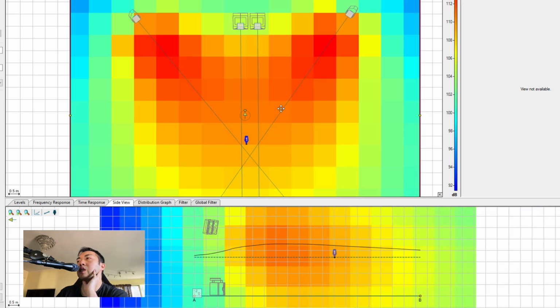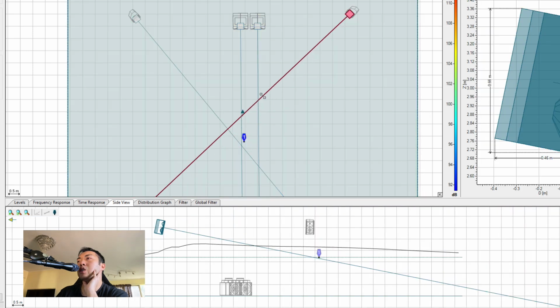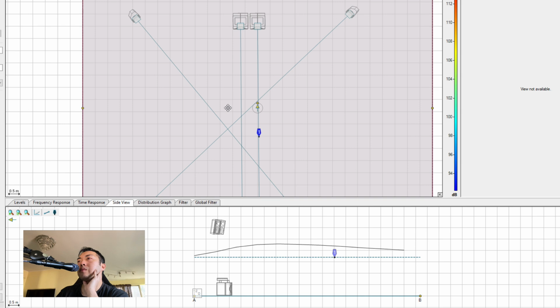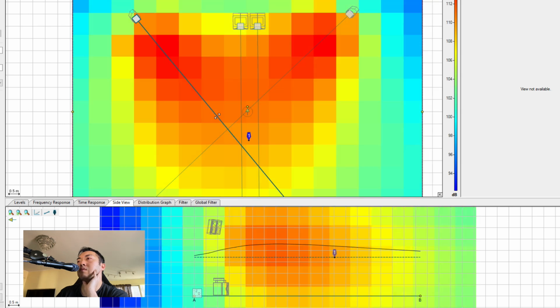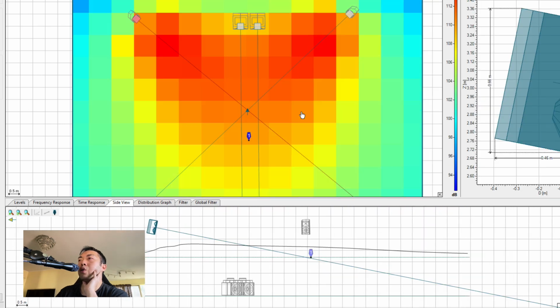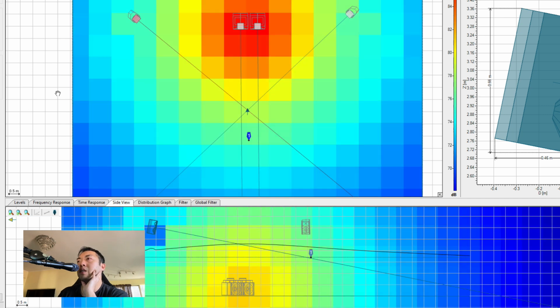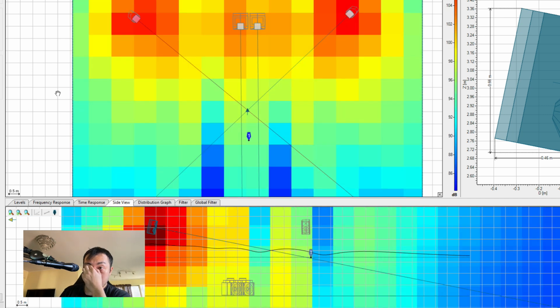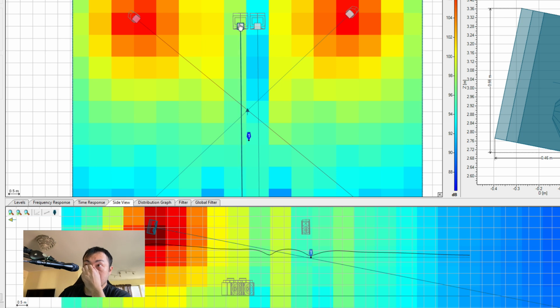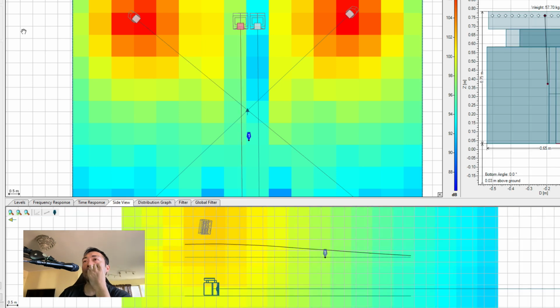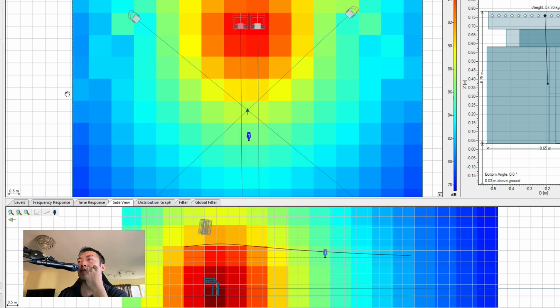Now, I generally like to focus the speaker energy onto the battle area. I find that it helps with noise control, and then obviously the battle area gets the best sound. So in terms of that, that's where my general suggestions are.